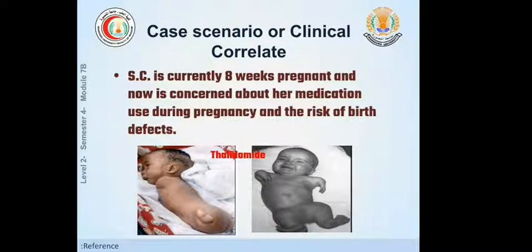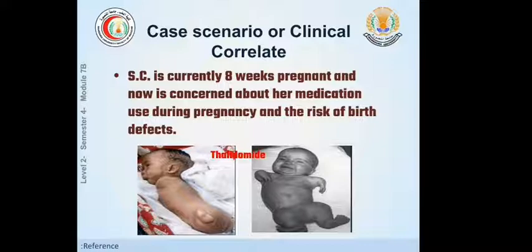We must know the teratogenic potential of the drug, the critical periods of exposure, and the magnitude of the risk to avoid occurrence of teratogenicity. This is a case scenario for a woman at 8 weeks of pregnancy.